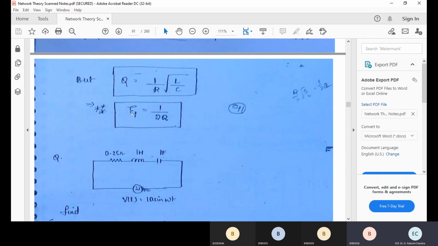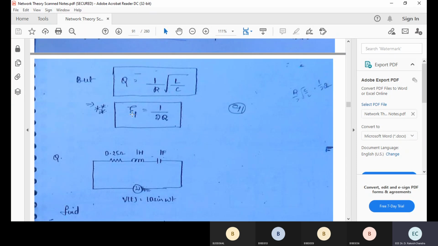For a series RLC circuit, what is the damping ratio? Zeta is equal to R by 2 into root C by L. So in that way, you can relate your damping factor to your quality factor. Zeta is equal to 1 by 2Q, because zeta is equal to R by 2 into root C by L. That derivation you might have done in control systems.